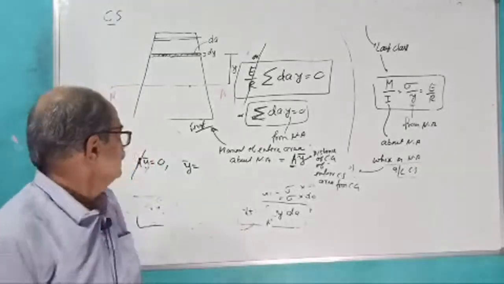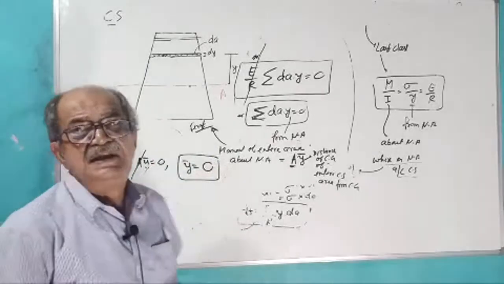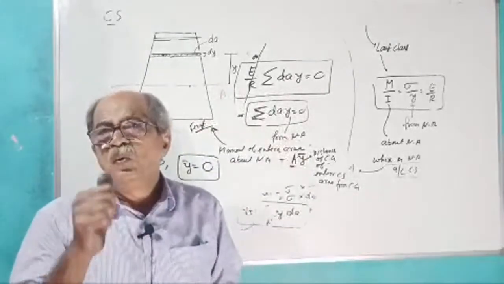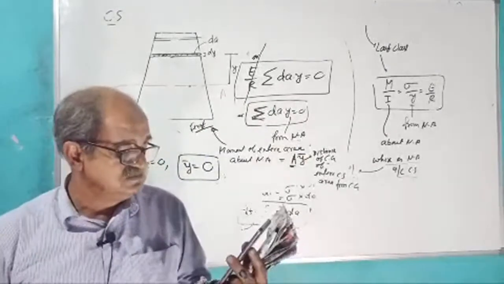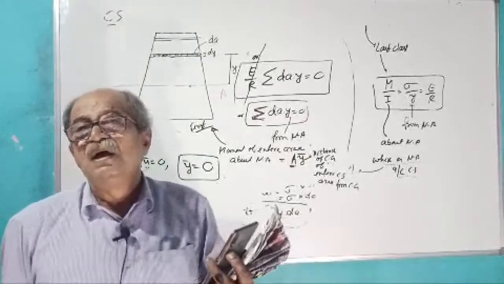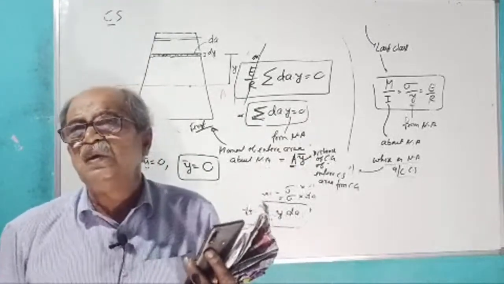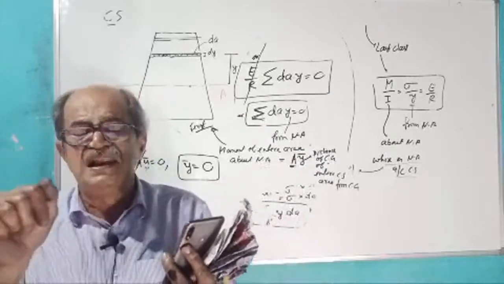So Y bar equal to 0 means distance of CG of the cross section from neutral axis equal to 0. What it means? Y bar 0. Distance of CG of the cross section from neutral axis equal to 0 means what? Center of gravity lies in.